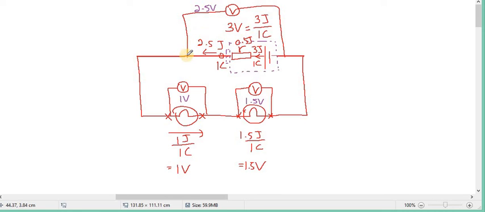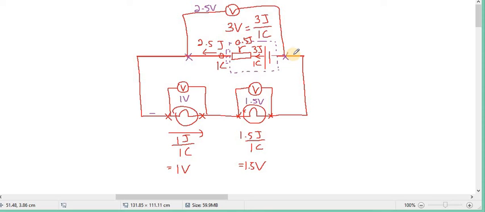Because you see this voltmeter is connected here and here, it means that it shows the reading of the potential difference from here until here, meaning the amount of work done by every 1 coulomb of charge when going from this point to this point. See or not? So from this point to this point, every 1 coulomb of charge does the work of 2.5 joule. So the reading will show 2.5 volt.